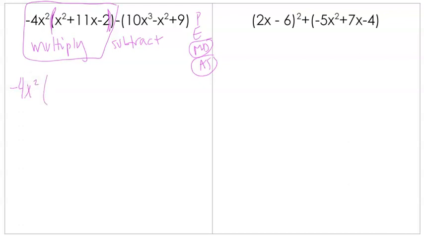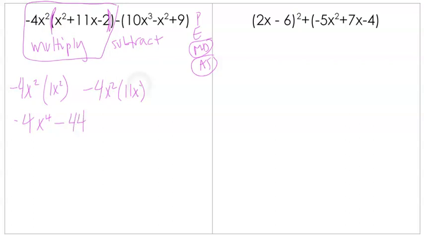times the terms in the parentheses. So we'll start with that x squared, or just 1x squared. Negative 4 times 1 is negative 4. X squared times x squared is x to the 4th. We do 2 plus 2 and get 4. Then we're going to multiply that negative 4x squared by the 11x. Negative 4 times 11 is negative 44.